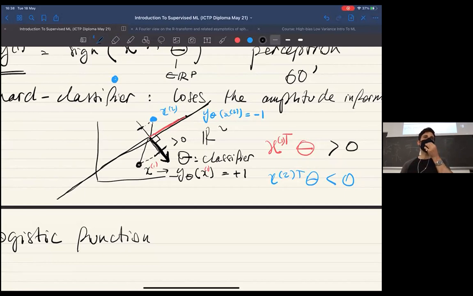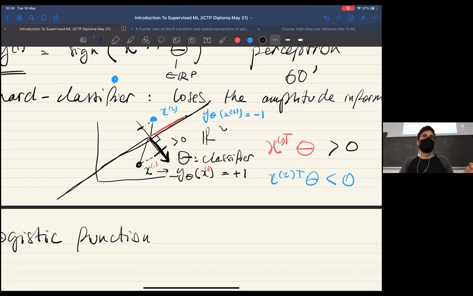It doesn't matter. If the natural labels are -5 and 7, or even abstract categories like dogs and cats, which are not numbers, you can always map them to -1 and 1.